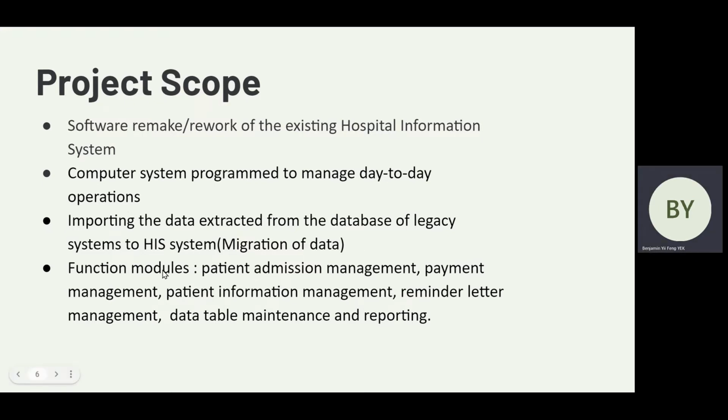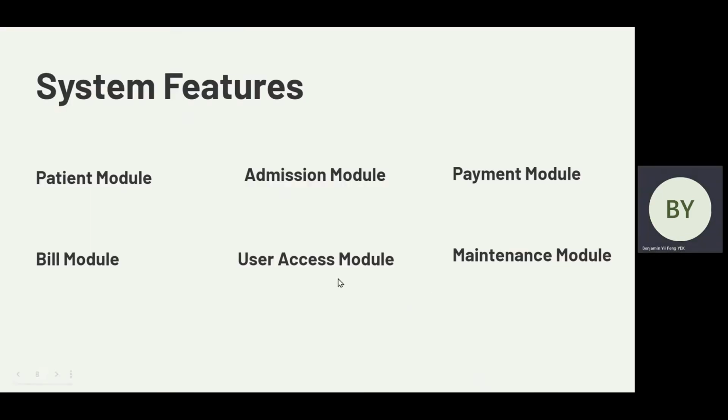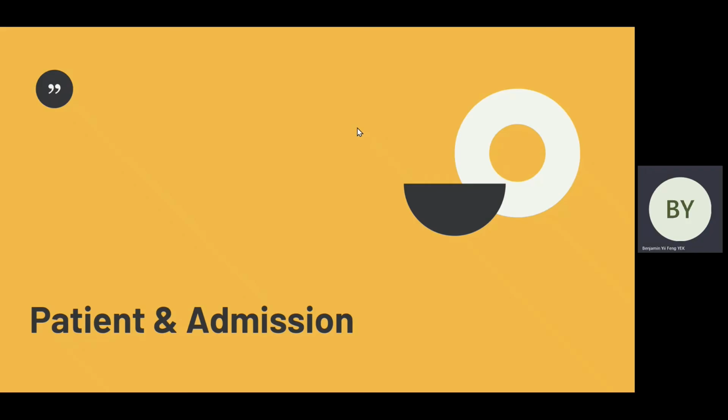Below are the function modules: patient admission, payment, patient billing, user access management, data table maintenance, and reporting as well. These are our system features: patient module, admission, payment, bill, user access and maintenance. This presentation is more focused on phase 1. Now I will pass to one of my group mates, Xiqian, to present the patient and admission module.